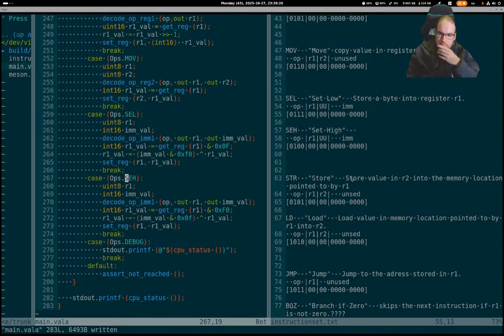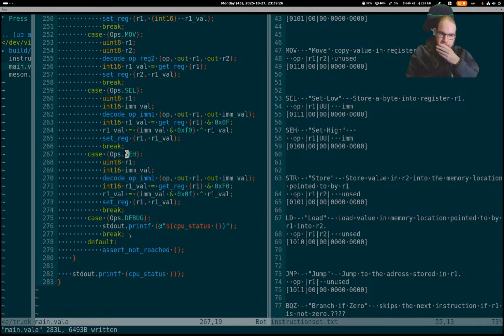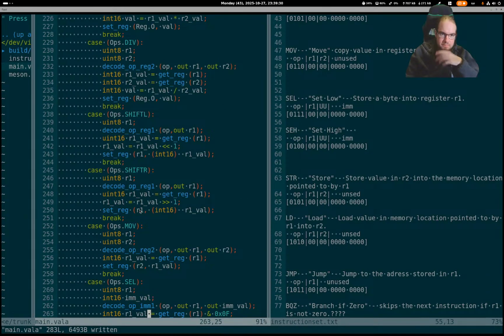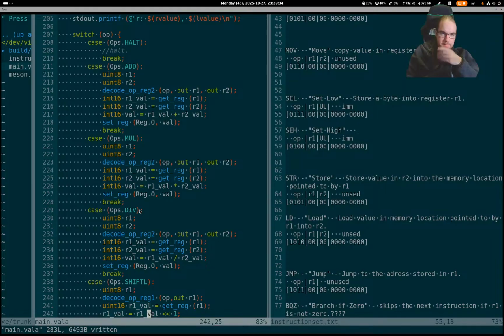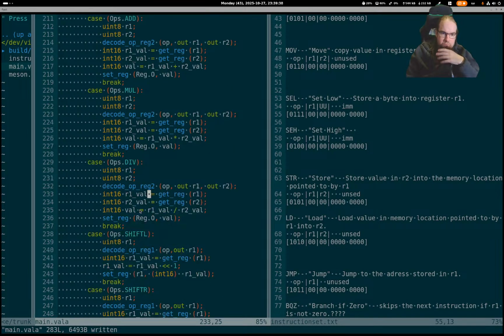Store the value in R2 into the memory location pointed to by R1. So we need to do this, I guess.